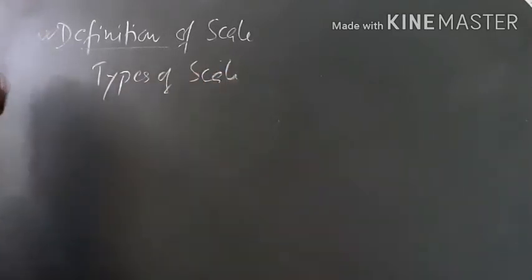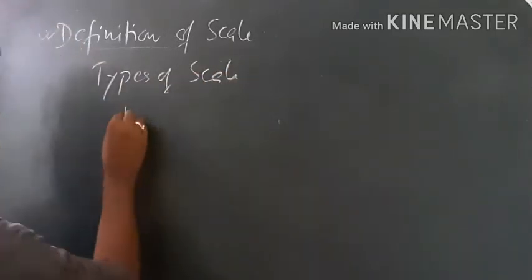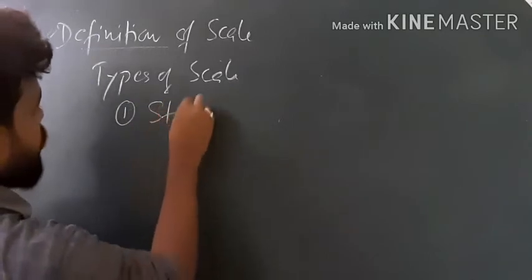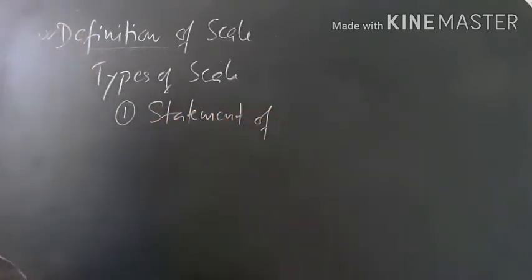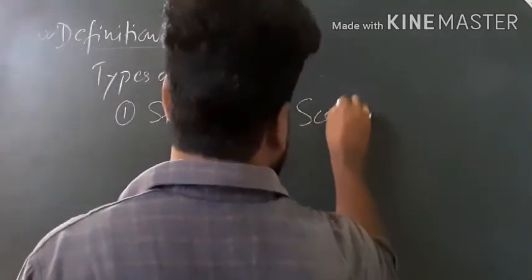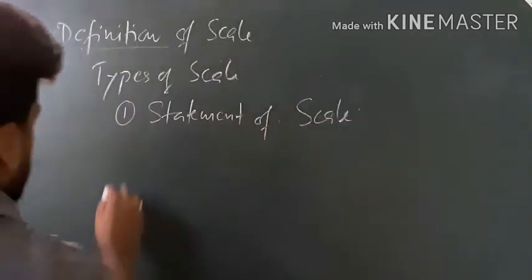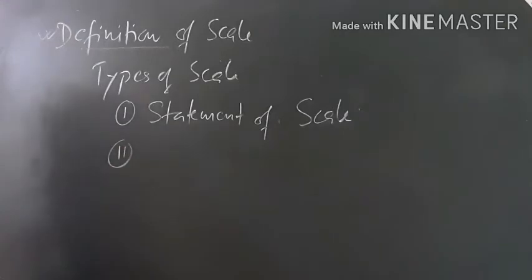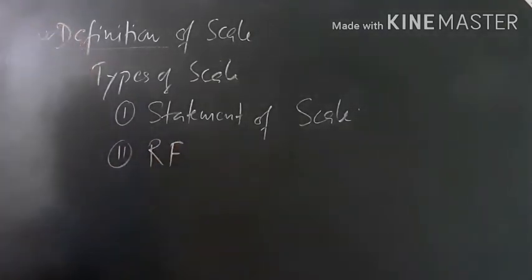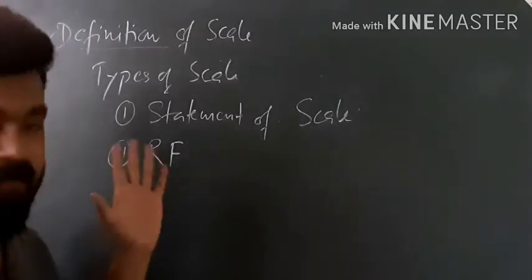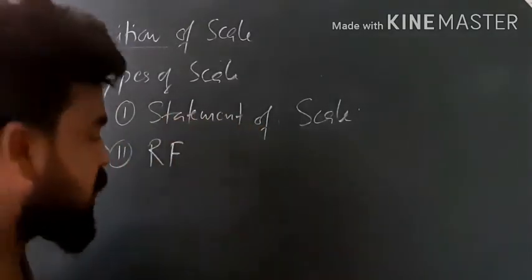Types of scale. Number 1 is statement of scale. Number 2 is representative fraction, that is called the RF. RF means representative fraction. You know the fraction; you have learned fractions in mathematics.